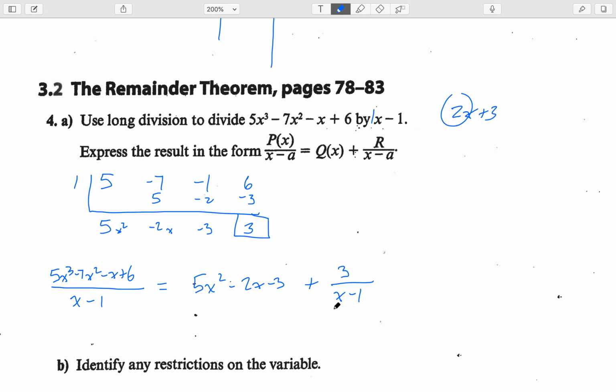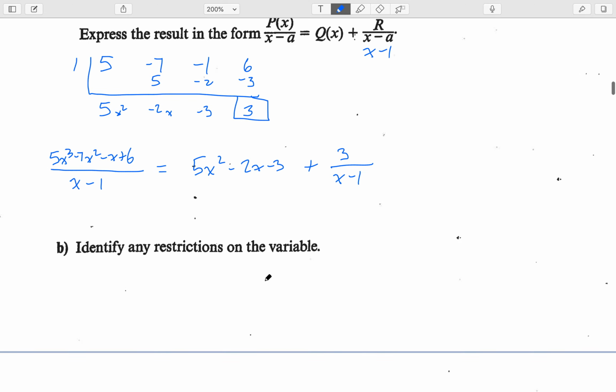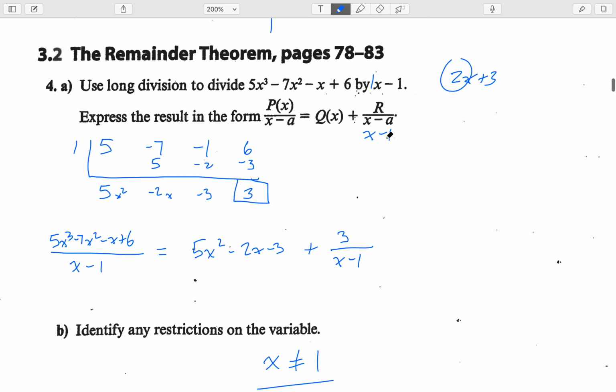And it says identify any restrictions on the variable. Well, if I'm dividing by this, x minus 1, x cannot equal positive 1. Because if it did, that's where I'm actually going to be getting divide by 0. Right? So I can divide by anything, I just can't divide by 0.